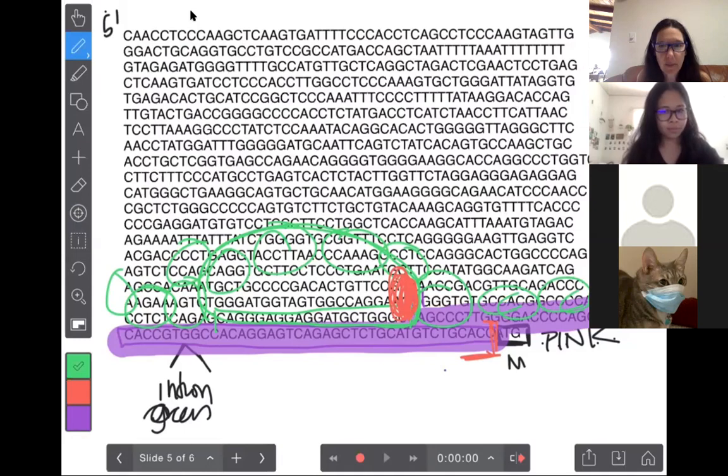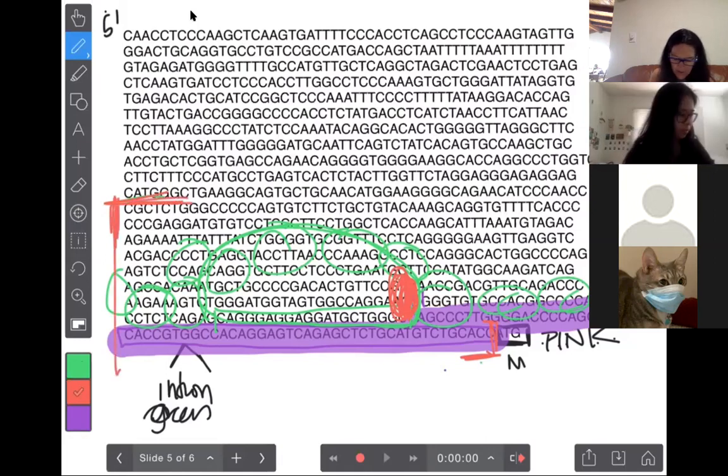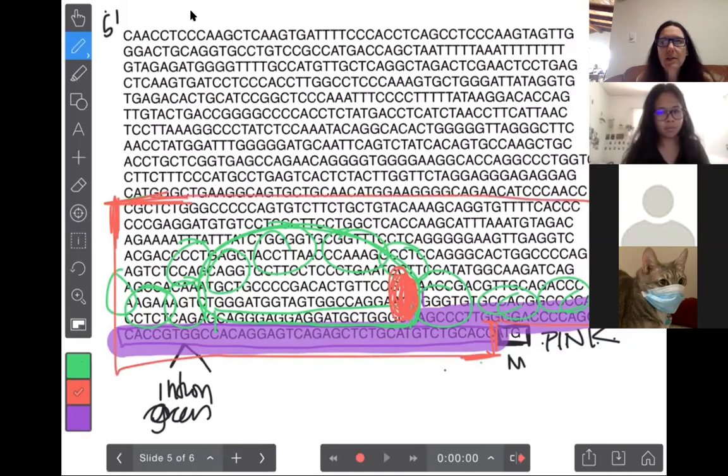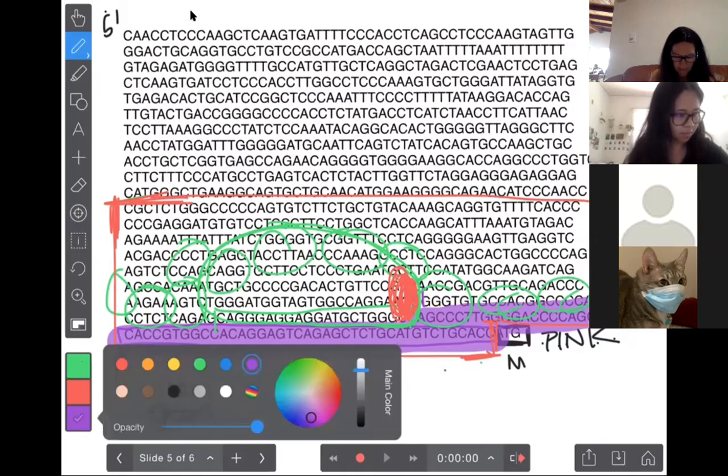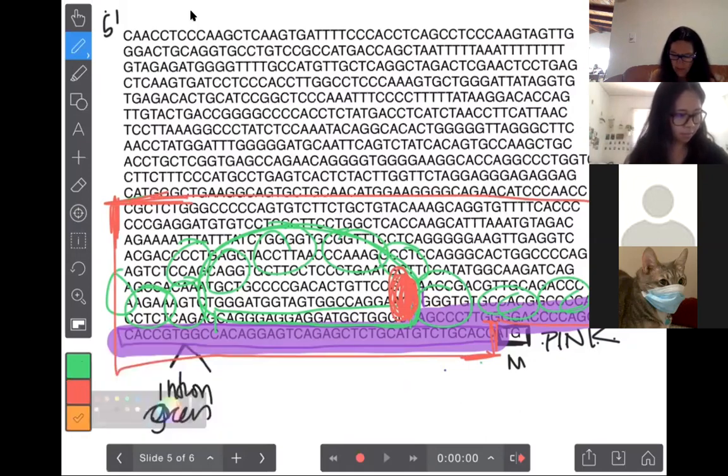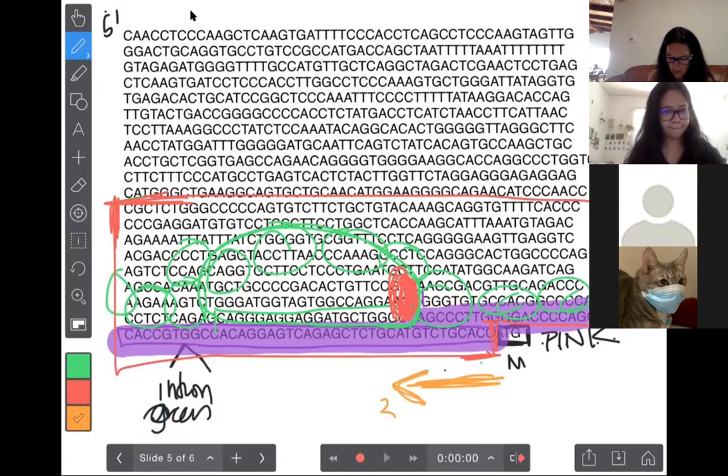So we want the 5' UTR. And then we probably only need really sequences up to here. So we want all this sequence to be PCR'd. I should have made that a different color. We want to make a primer going this way, so 3' end here, and a primer somewhere that sits up here going that way.